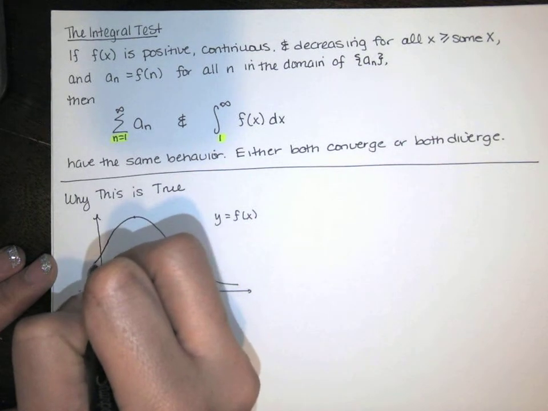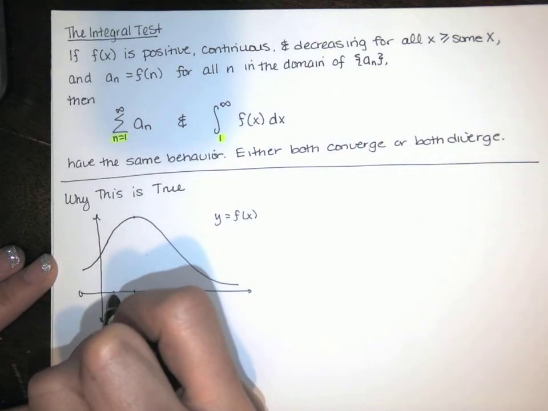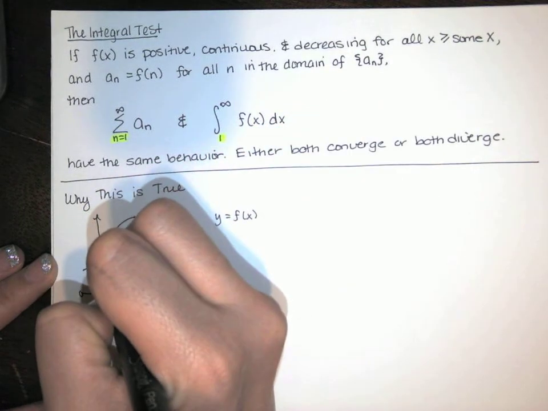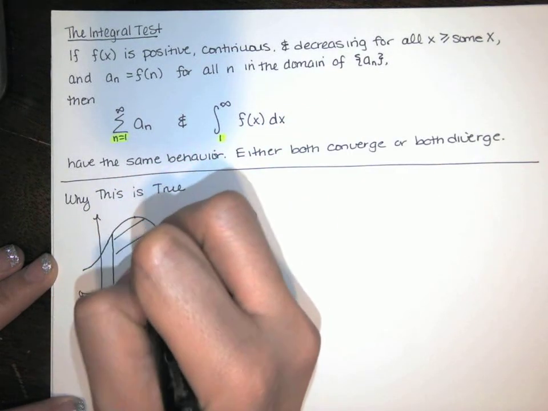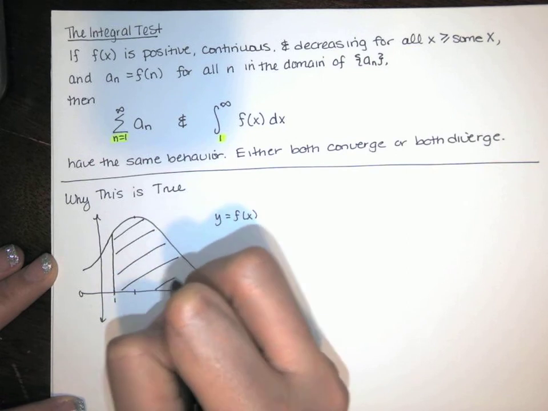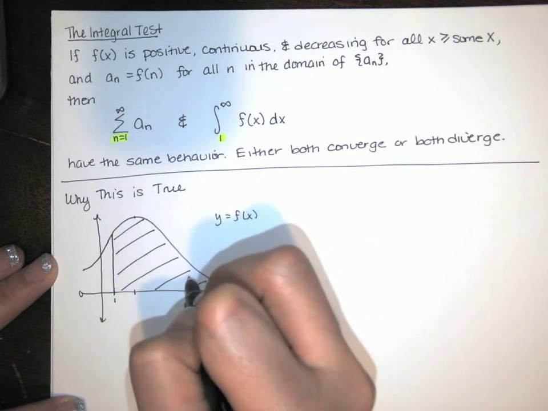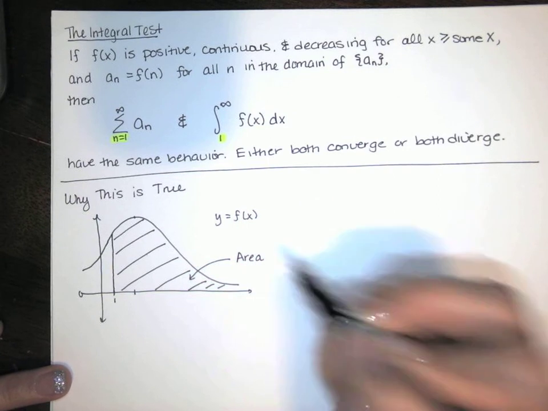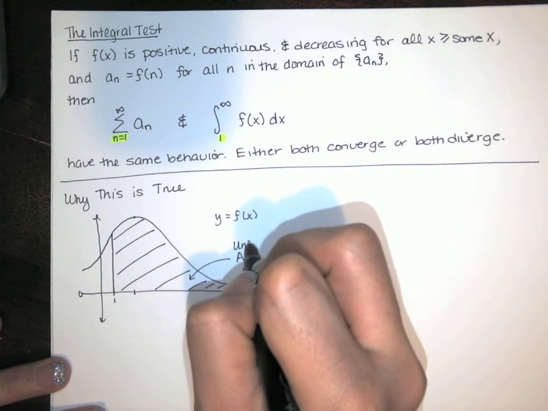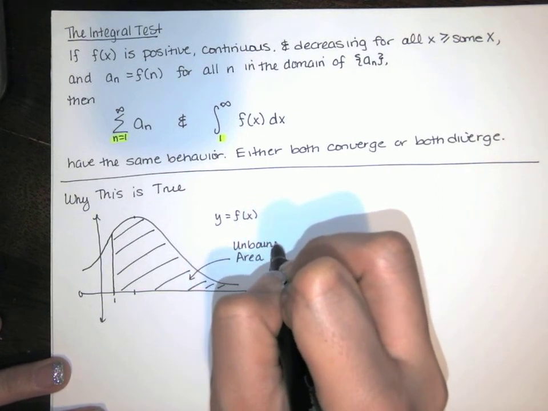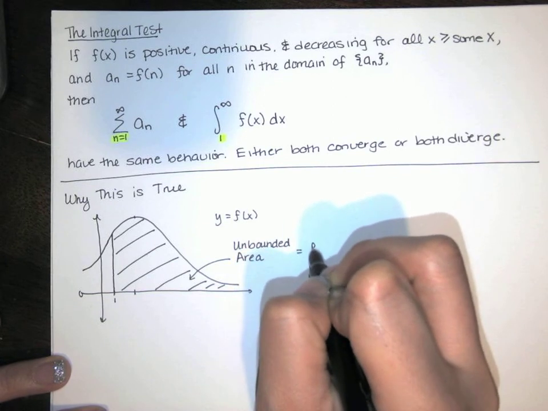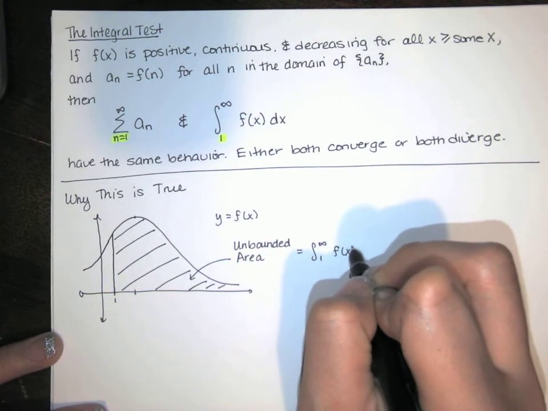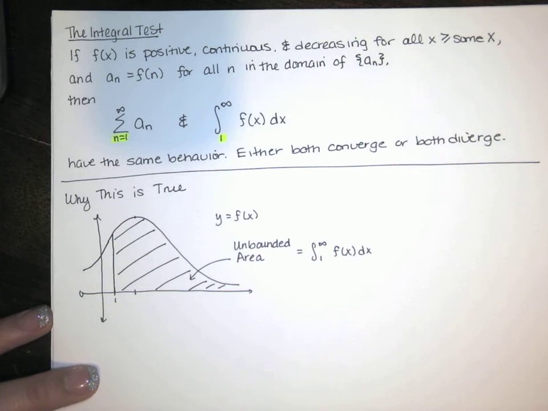So maybe this is our graph, and maybe this is x equals 1. And this right here, that area of the unbounded region, or unbounded area, is equal to the integral from 1 to infinity of f of x dx. That's how that area is defined.